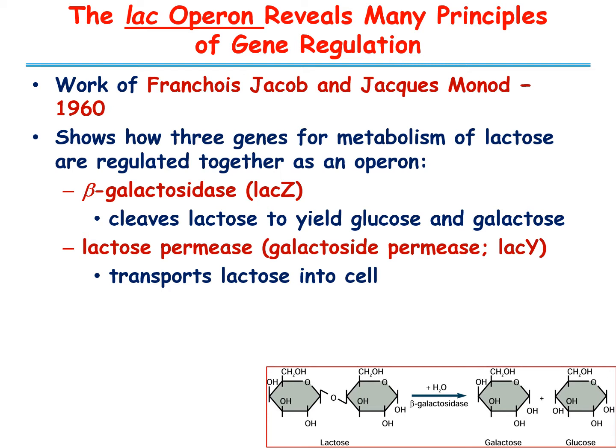This lactose has to first enter the cell in order to be utilized. So, to enhance the amount of lactose entering the cell, the active lac operon synthesizes multiple copies of the permease, the transporter, and these transporters then increase the concentration of lactose inside the cell.